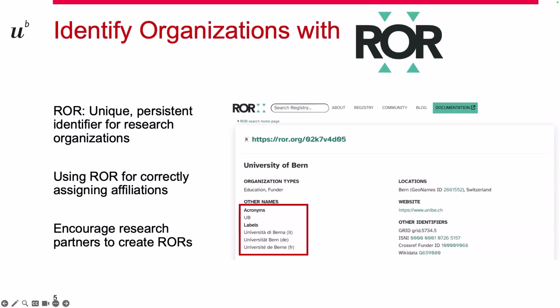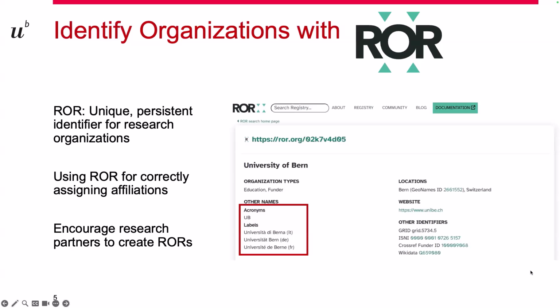So this makes it even easier to connect institutional data across different platforms. And it improves the research information infrastructure as a whole. So at this point, we just encourage you to use the University of Bern ROR ID whenever possible, and maybe to also motivate your research partners to get one if they don't already have one, because it's important for giving proper credit to the organizations you and the others work with.